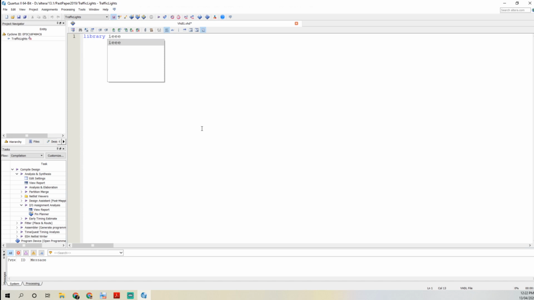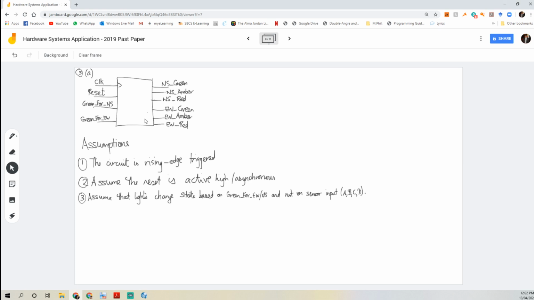So I'm going to type my package declaration here to get these things out of the way. The numeric library allows me to get my integer numbers and my addition operations, which I will need for the counter. The first thing on the agenda is to write code to describe the entity.